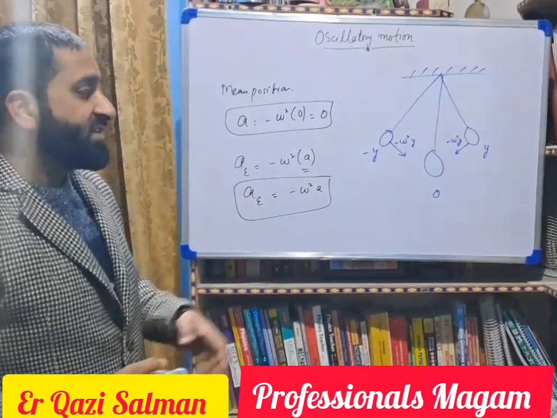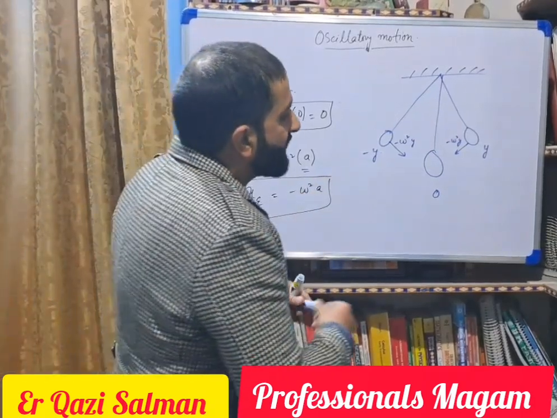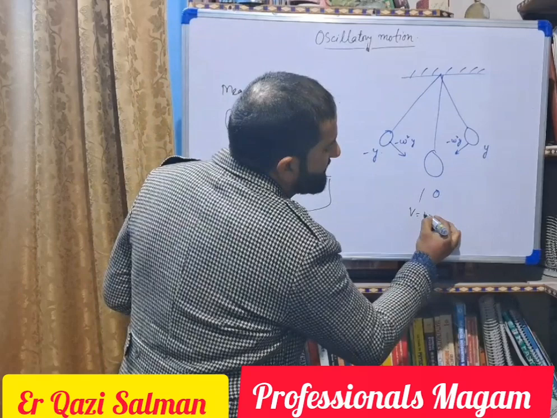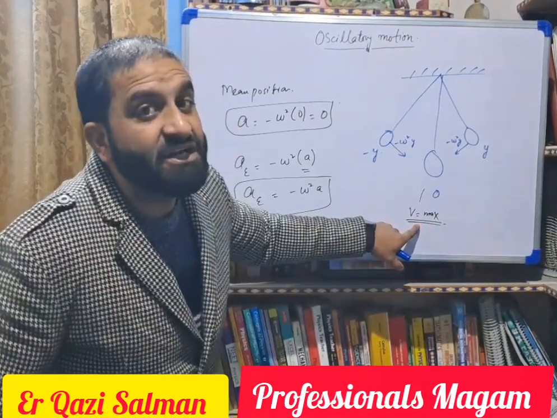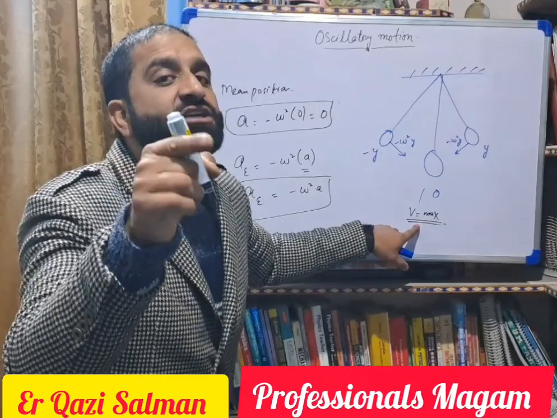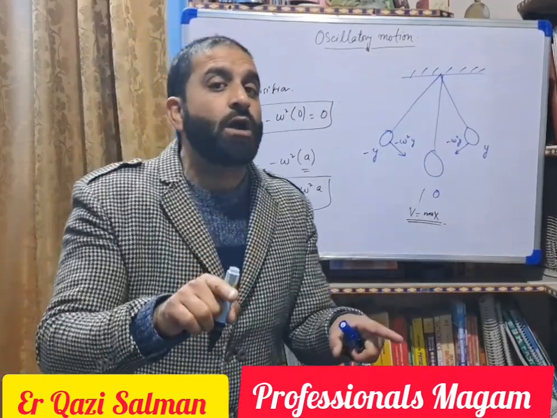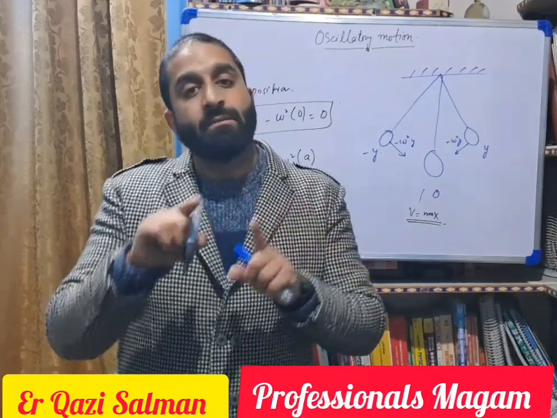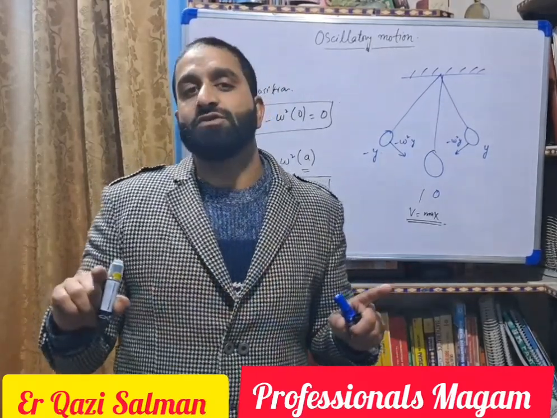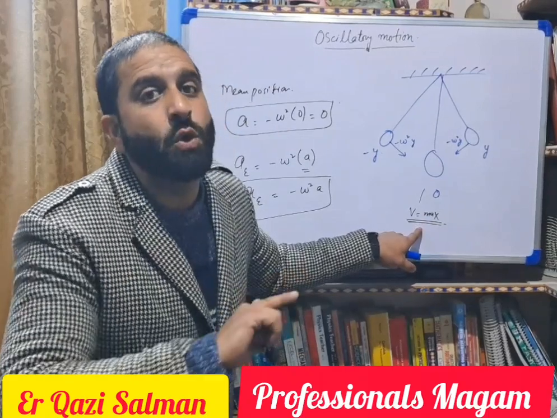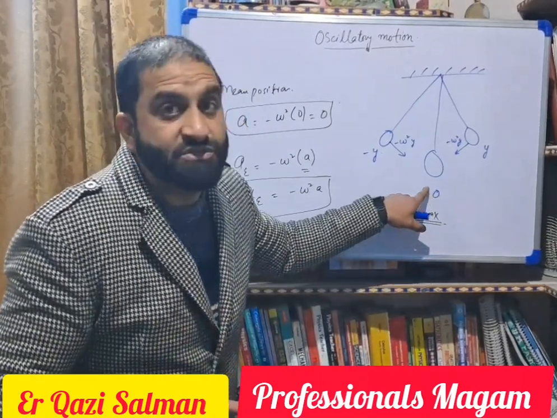The physical significance is that here the velocity is maximum. So the acceleration is equal to 0, because acceleration is the rate of change of velocity. When we talk of maxima and minima, the change at maxima and minima is always equal to 0. Here the velocity has got the maximum value, that means there is no change in velocity at mean position.